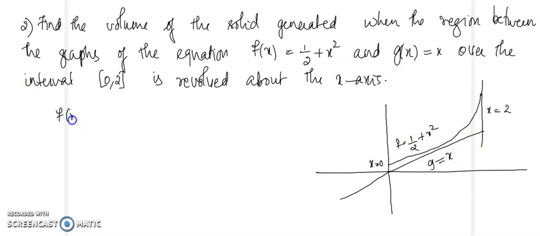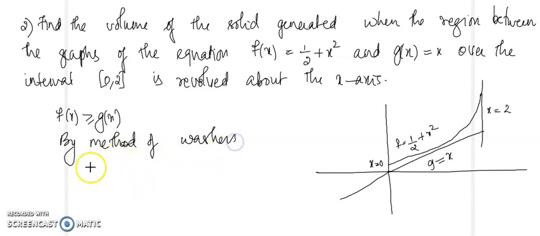So here you have f of x greater than or equal to g of x. So by method of washers, so volume will be given by, so volume of solid of revolution.